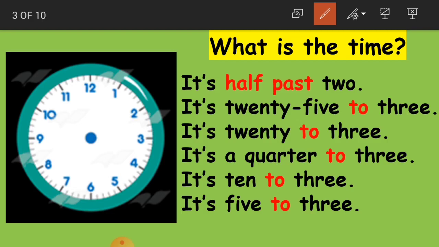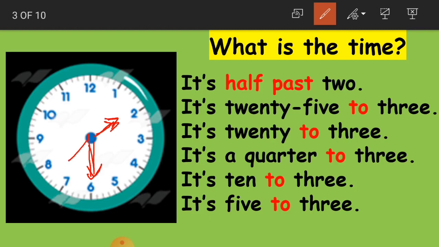Clear, children? So half an hour is over. So half past 2. In that sense, the small hand will be at 2 only and the big hand will be at 6.